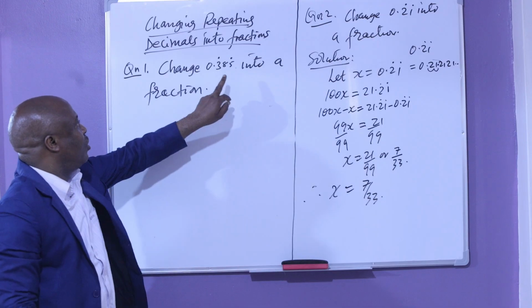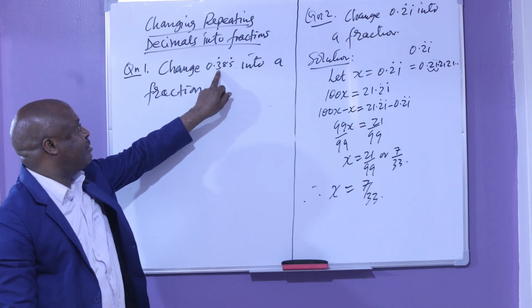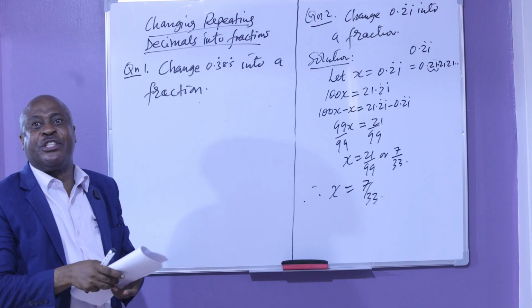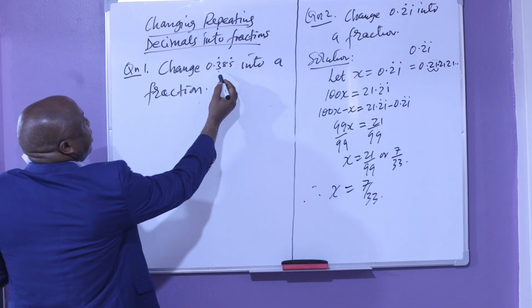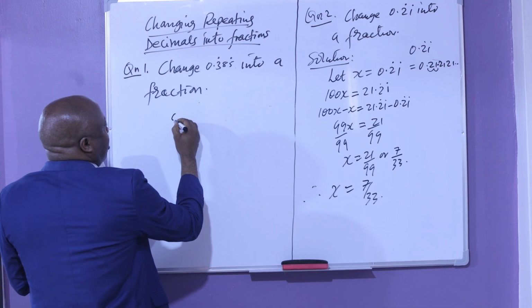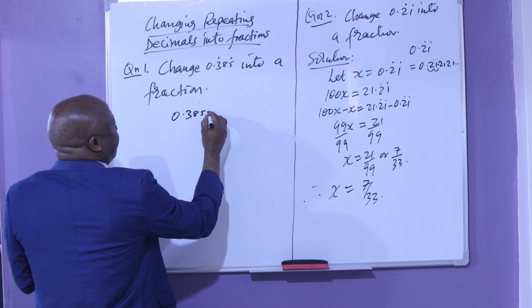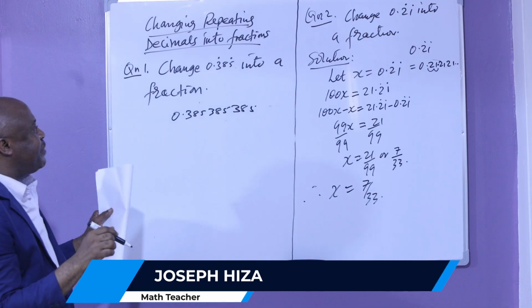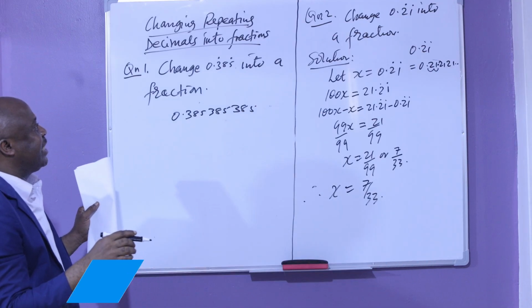Mind you, when a dot is written in the beginning and in the end, it means all the numbers are repeating. Here, it means this is the same as 0.385, 385, 385, which means the numbers are repeating.